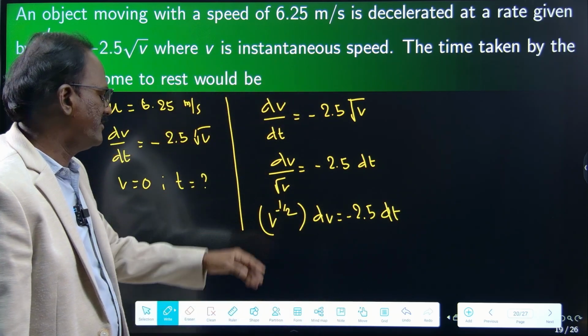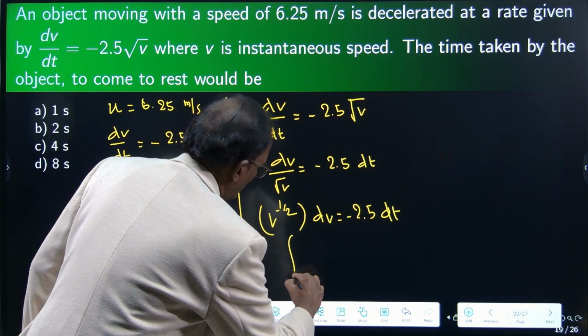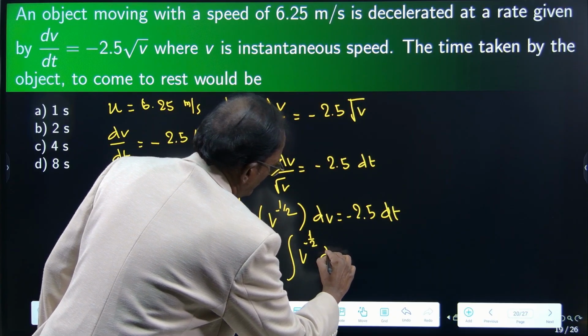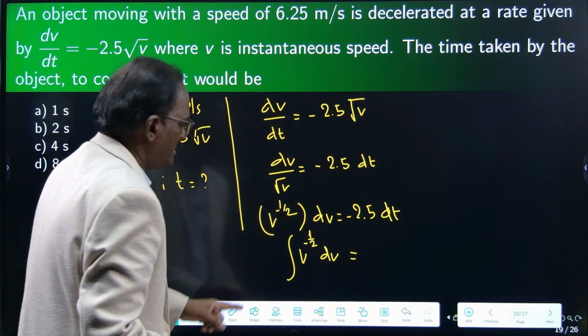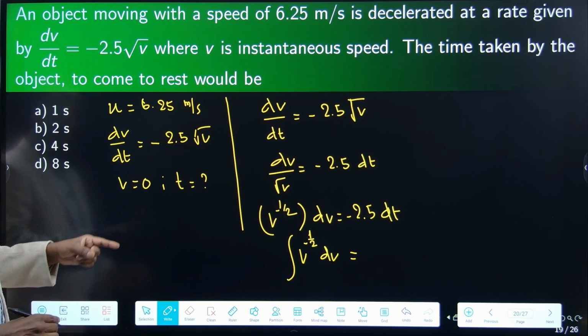If we integrate it, we will get the value for v. So this is v power minus half dv, initial value is 6.25, final value is 0.